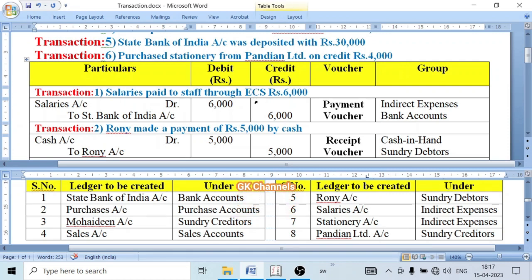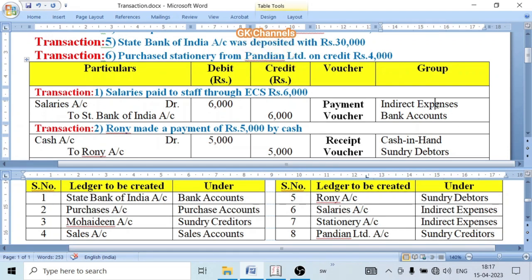So salary account should be created under indirect expenses group. It is a ledger. State Bank of India account ledger should be created under bank accounts group. So these two things we are doing it separately.